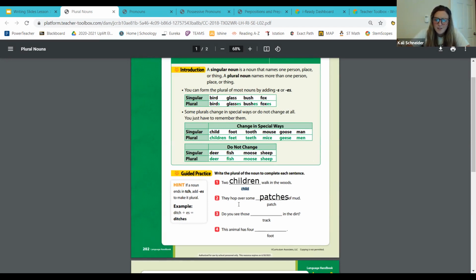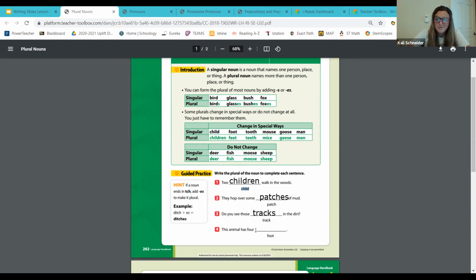Number 3: Do you see those tracks in the dirt? Track doesn't need anything that sounds similar to an s to make it plural, so I just add the s. Tracks. Lastly, this animal has four foot.